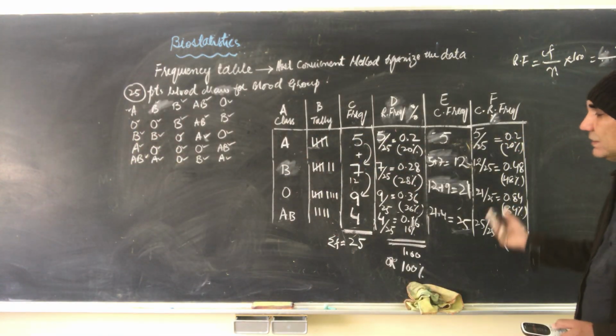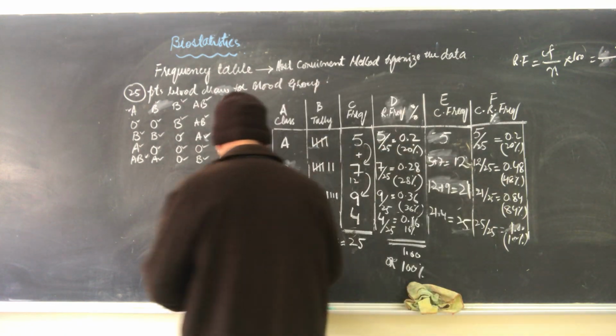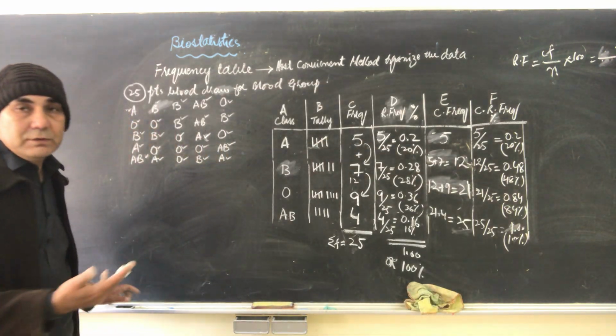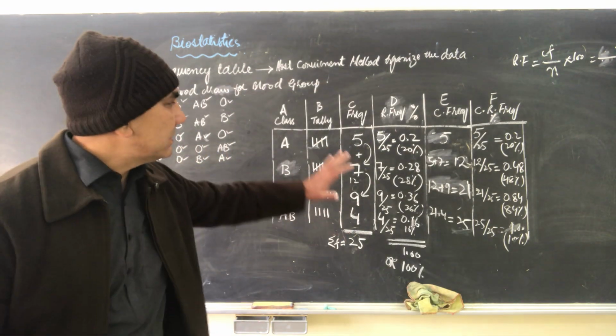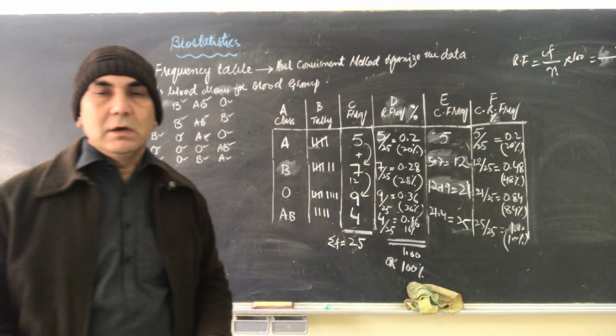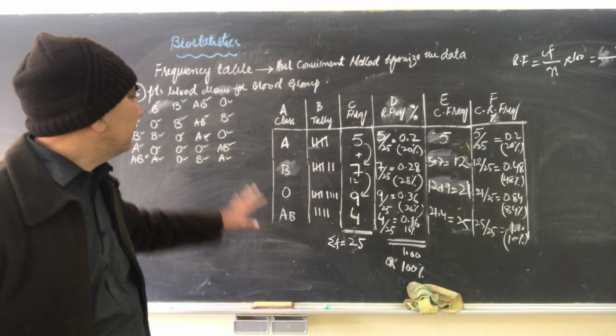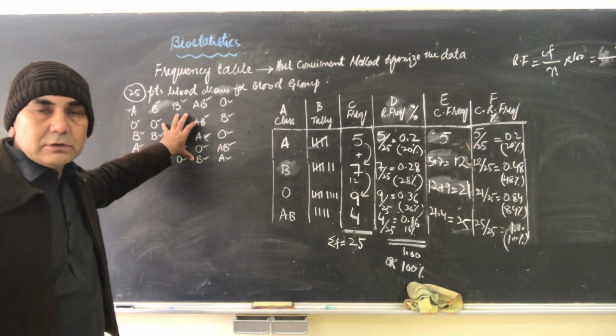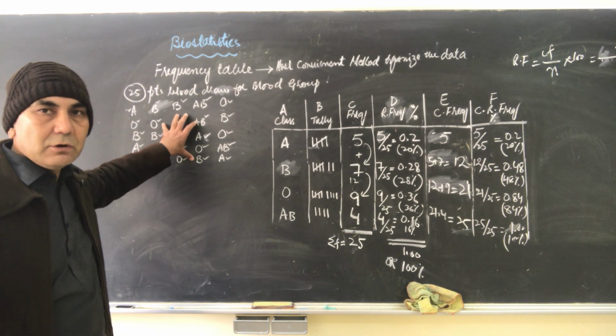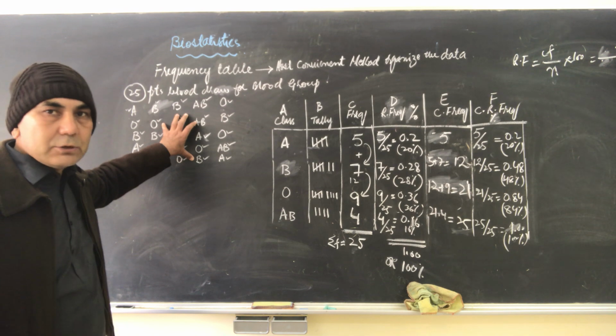So this is the simple way of organizing the data in front of you all. Now see, we have 25 patients with data of different blood groups.